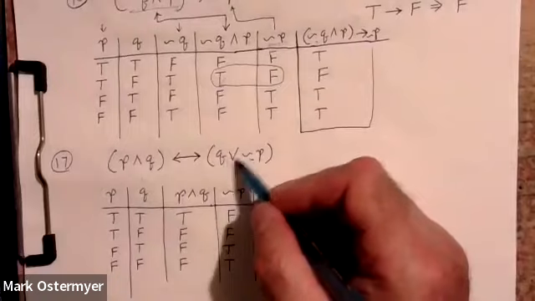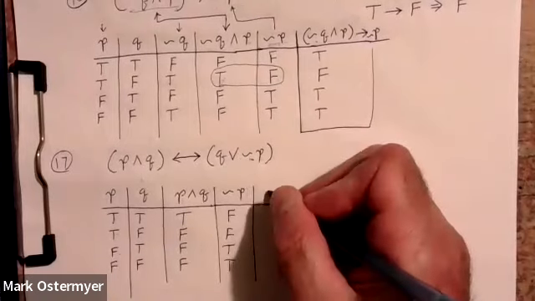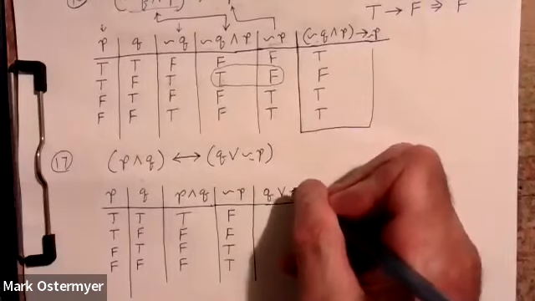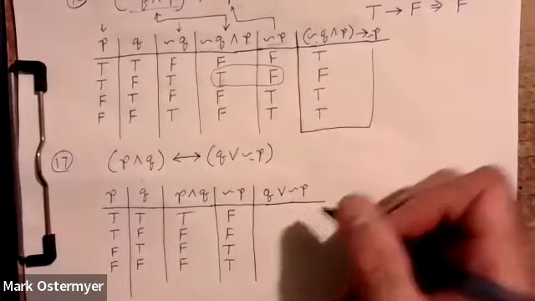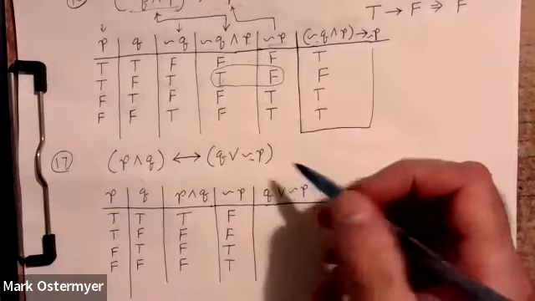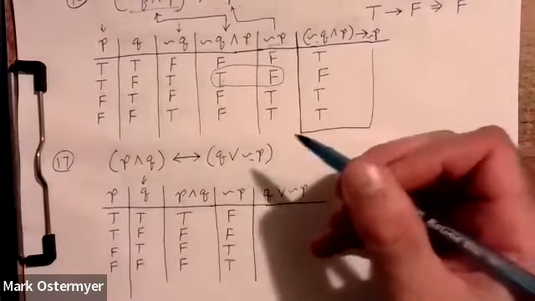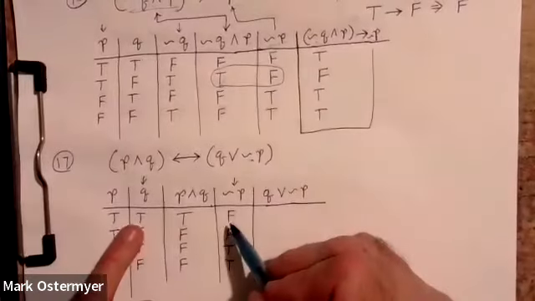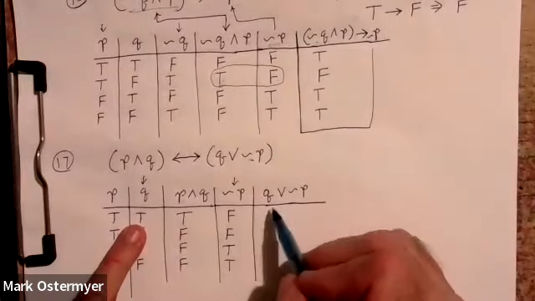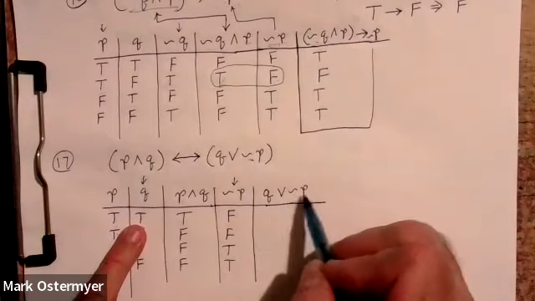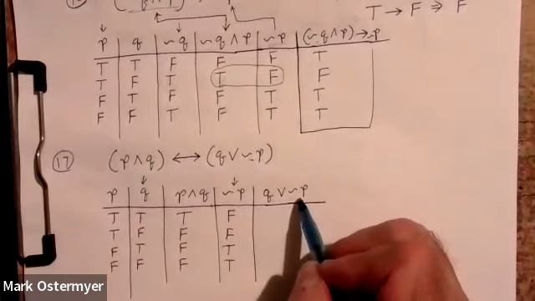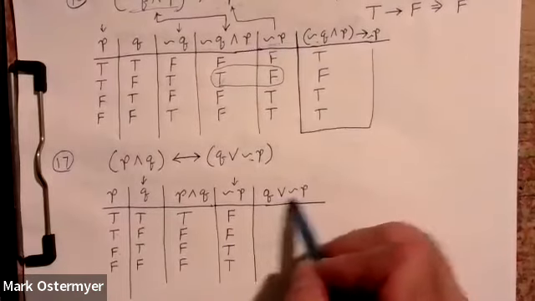And then I'll deal with the or inside the parentheses here. So this last column is going to be Q or not P. That means I'm going to take this column and or it with this column. An or, remember, is true in all cases except one. The only time an or is false is if both statements are false.